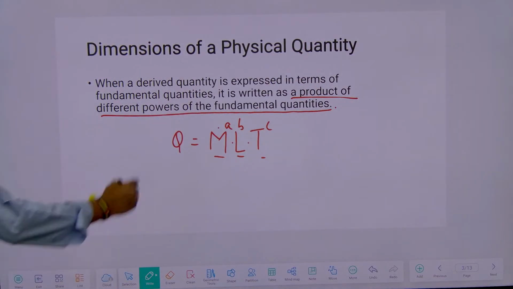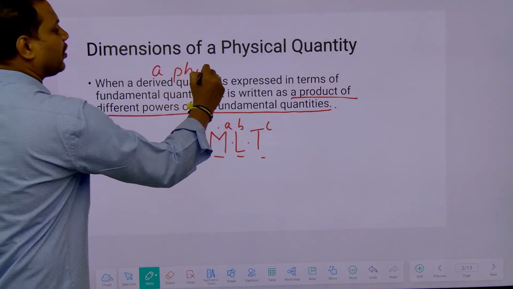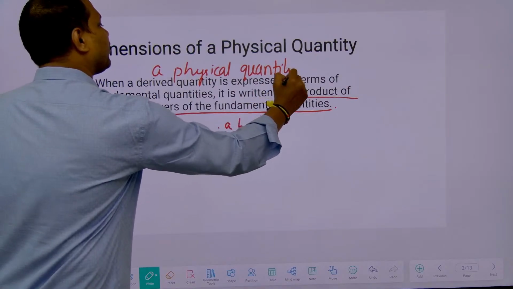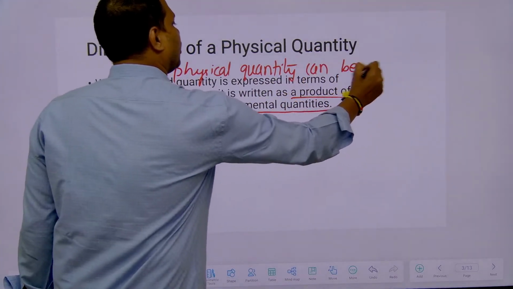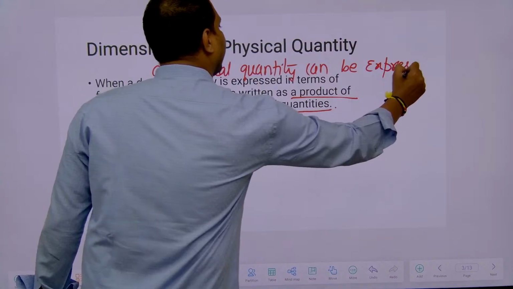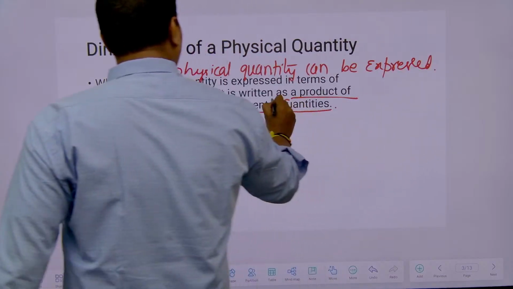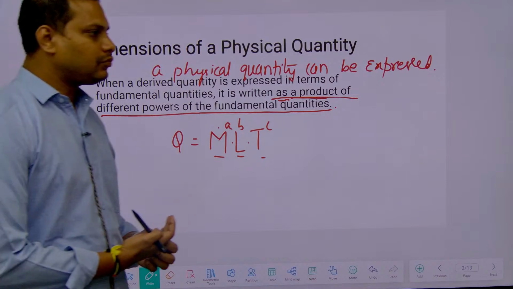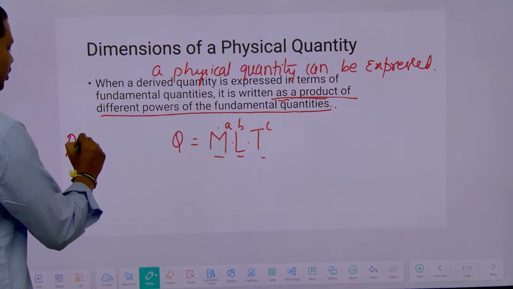Or simply we can write, a physical quantity can be expressed as a product of different powers of fundamental quantities. So here Q is called a physical quantity.